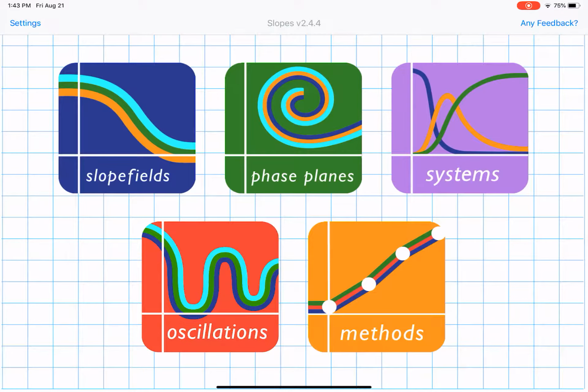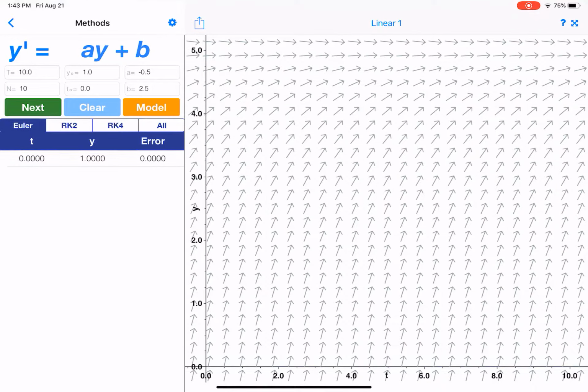So let's look at an activity that will allow us to just follow the slopes of the differential equation. We're going to look at the differential equation y prime equals ay plus b, where a is negative 0.5 and b is 2.5. And what I want to do is start at the point y of 0 equals 1 and follow the slopes.